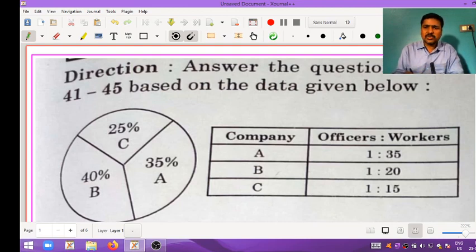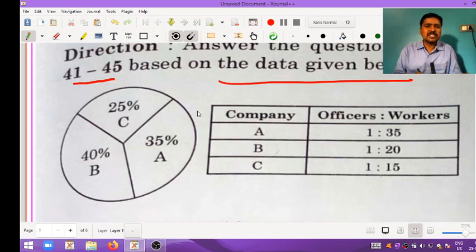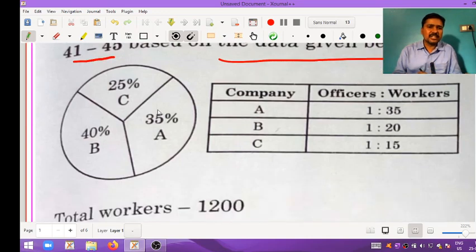See here, my dear students, my dear friends, answer the questions from 41 to 45 based on the data given below. Here, a Venn diagram is given in that data. Company A has a 35% share, company B has a 40% share, and company C has a 25% share.